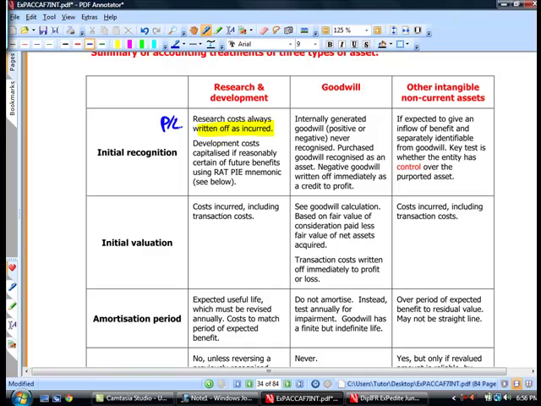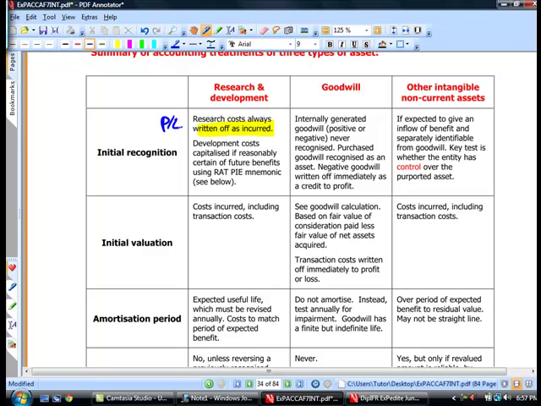The reason is that we are not sure whether or not we will have future economic benefits. We do control the project. We are aiming to find a new material or a new production process to decrease the costs, but we don't know at the research phase whether or not we will succeed. Since it does not meet the definition in the framework, control and future economic benefits, we will write it off immediately.